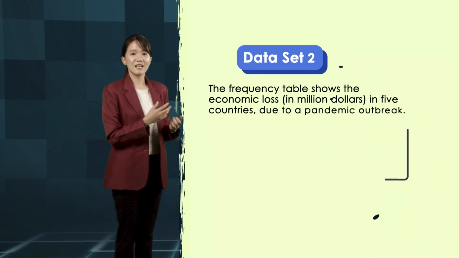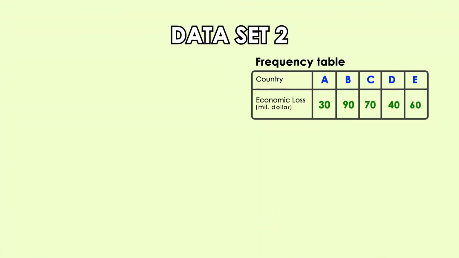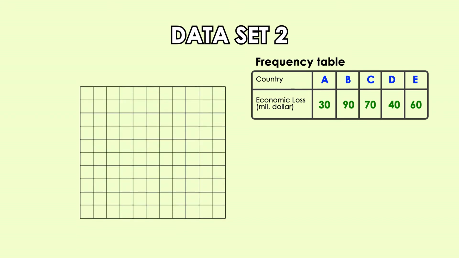Boys and girls, now let's draw the bar chart to represent the quantitative discrete data in data set 2. Are you ready to draw the bar chart? Let's do it. For this data set, we are going to draw the bar chart on a grid paper since the data is in multiples of 10.